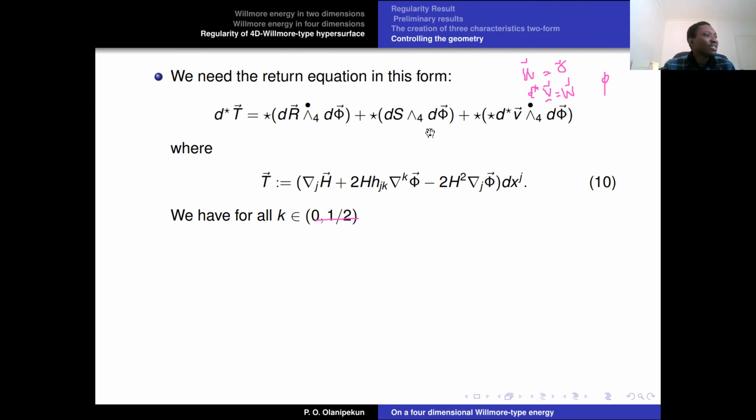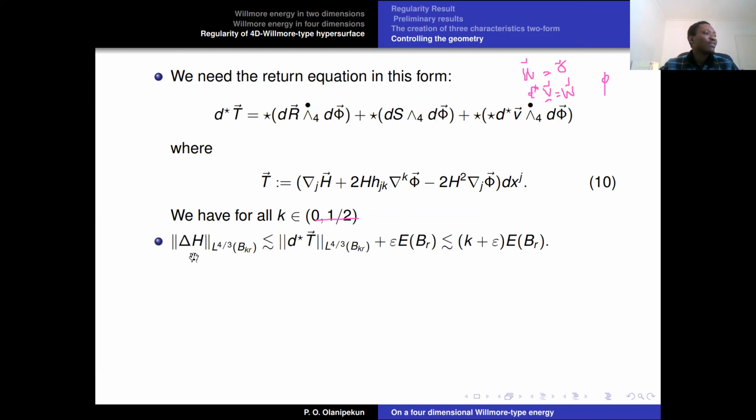This is the return equation. We have good information on this, this, and this, and then we need information on T, but T is precisely this. So T has H in A, nabla JH.